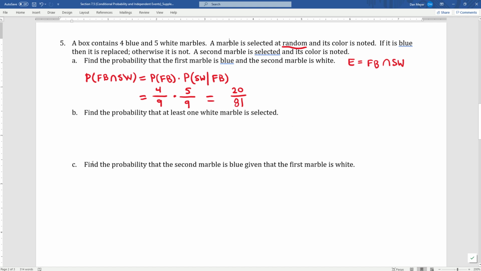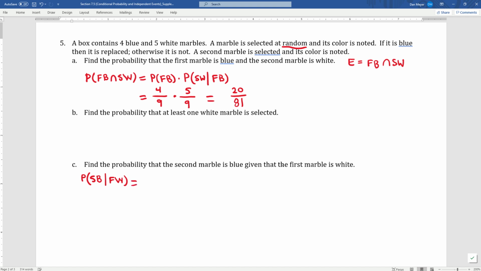In C, we want to find the probability that the second marble is blue, given that the first marble is white. So that one we can do in a similar way to the one in part A. This is a conditional probability. Find the probability that the second is blue, given the first is white.